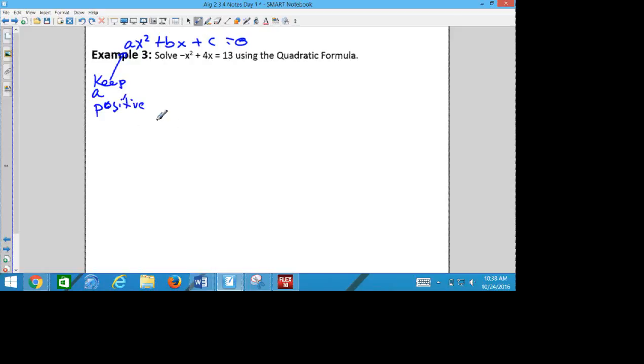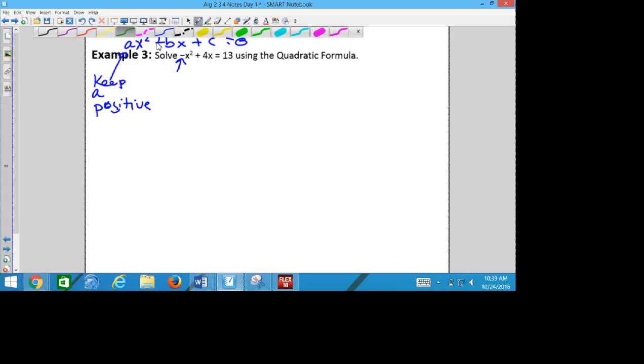You have the choice of how you make this into the correct form, because you're going to either move the 13 over or move over the x squared and the 4x. You just have to make one side 0. However you do it, I would suggest that the number in front of x squared become positive. That's just my suggestion because of what could happen in the future. We can talk about it if it does happen.